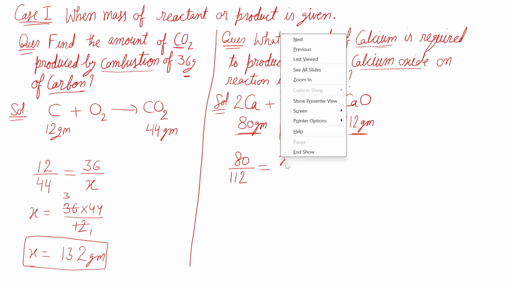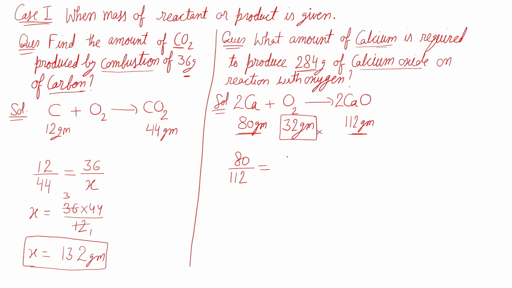So what is the amount of calcium we have to find which produces 284 gram of calcium oxide? So again we have to simply find the value of x.